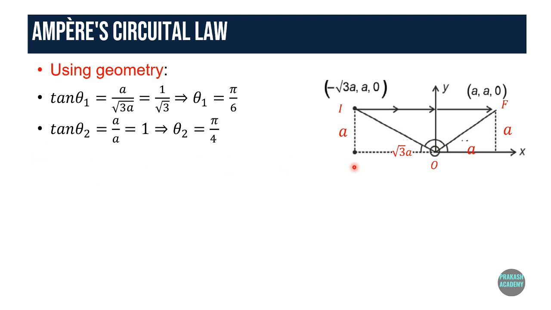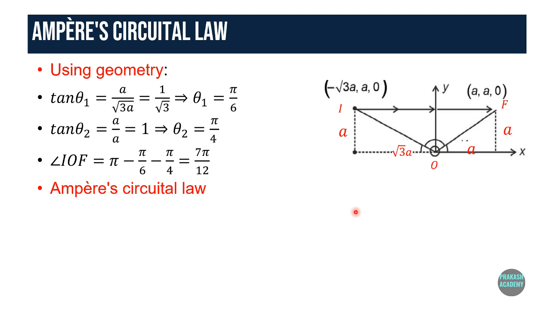So, tan theta 2 will be this distance divided by this distance, that is a by a, which is equal to 1. This means theta 2 is equal to 45 degrees, that is pi by 4. So, now I know this angle and this angle. So, we can calculate this angle, basically pi minus this angle and this angle. So, the angle IOF will be pi minus pi by 6 minus pi by 4, and if you calculate, this is 7 pi by 12.